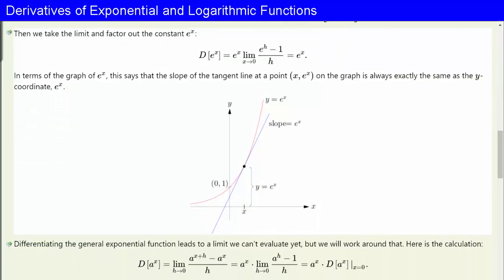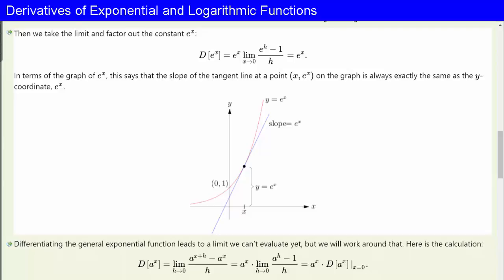Then we take the limit, and the constant e to the x factors out. Remember that we're taking a limit as h goes to 0 and x is fixed. So you get that the derivative of the function e to the x is e to the x times its limit (e to the h minus 1) over h, which is exactly the derivative at x equals 0, which is assumed to be 1.